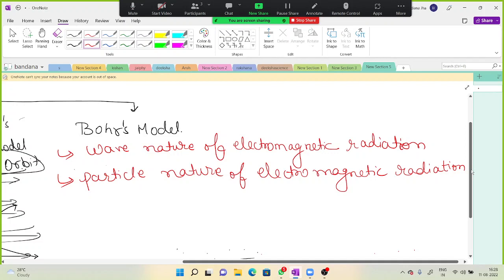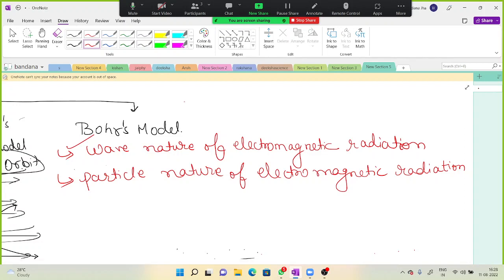According to the wave nature of electromagnetic radiation, this was put forward by James Clerk Maxwell in the year 1870. He gave the explanation about the interaction between charged bodies and the behavior of electrical and magnetic fields at the macroscopic level.